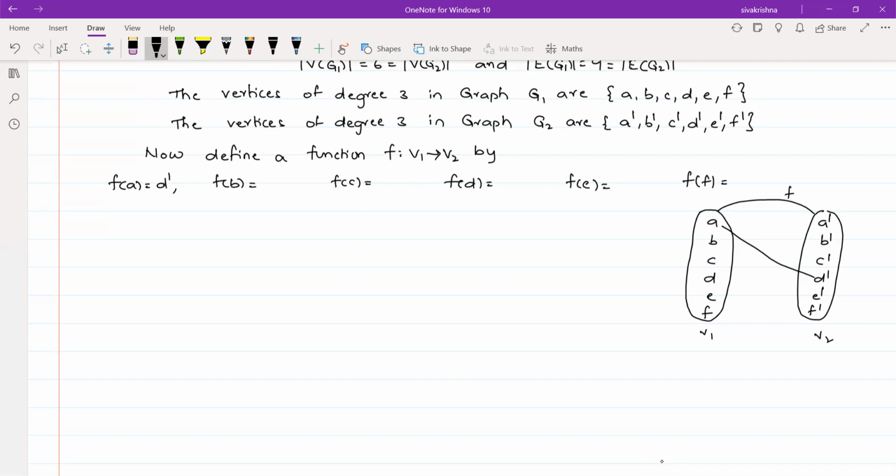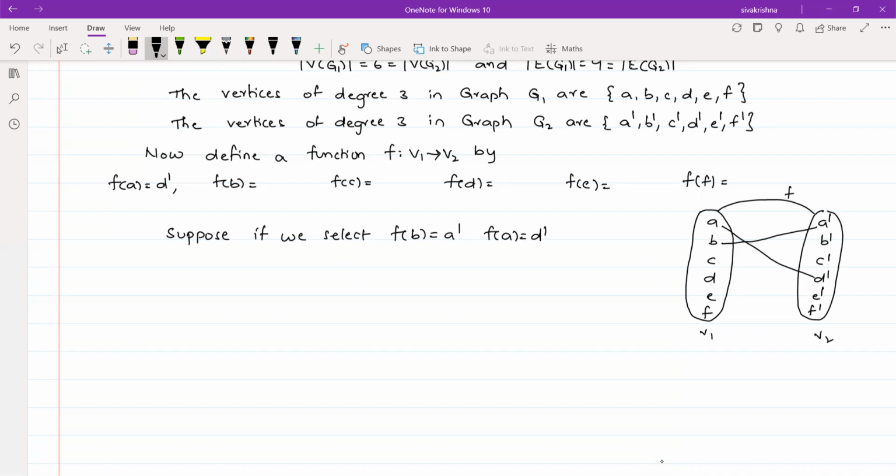After that we have to select the image of b. Now we have 5 options to select the image of b. Suppose we select the image of b as a dash, it means f of b is equal to a dash, and already we selected f of a is equal to d dash.